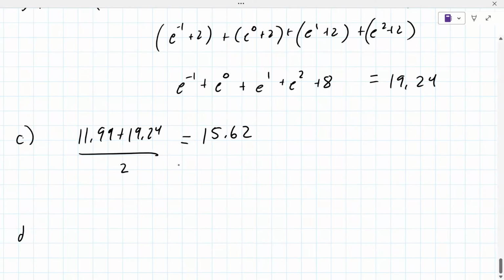And when they say find the average, you automatically know to add them up and divide by 2.